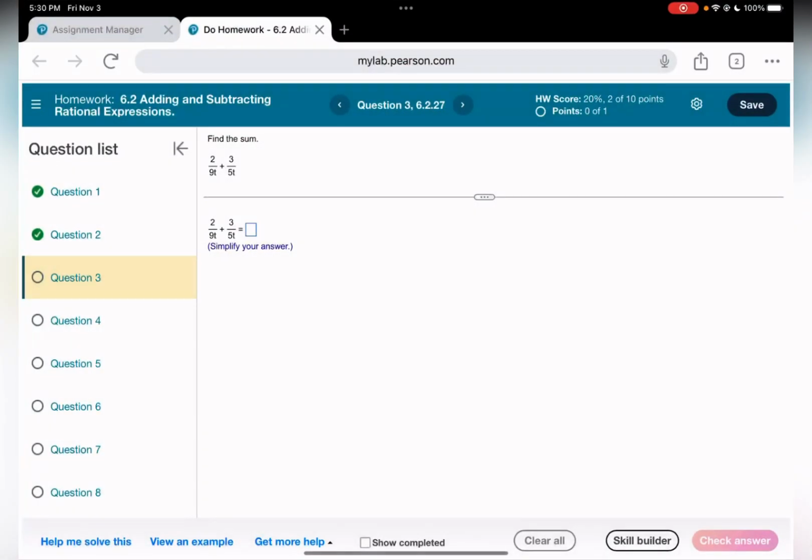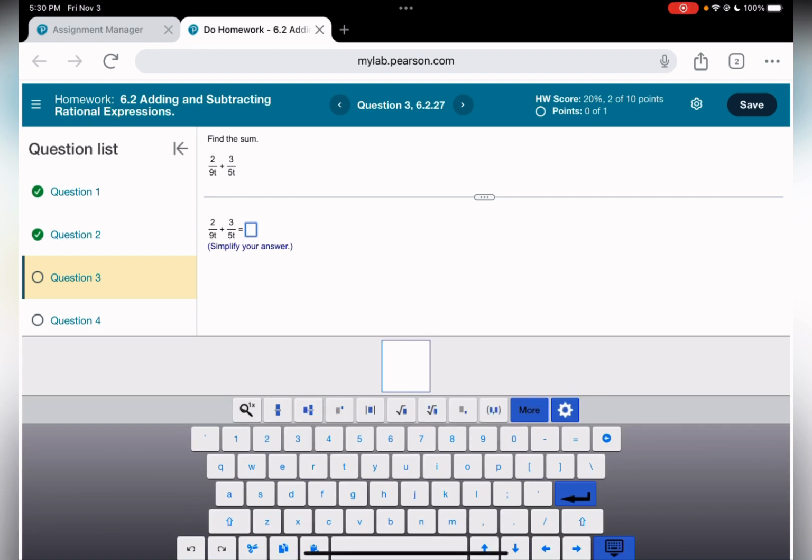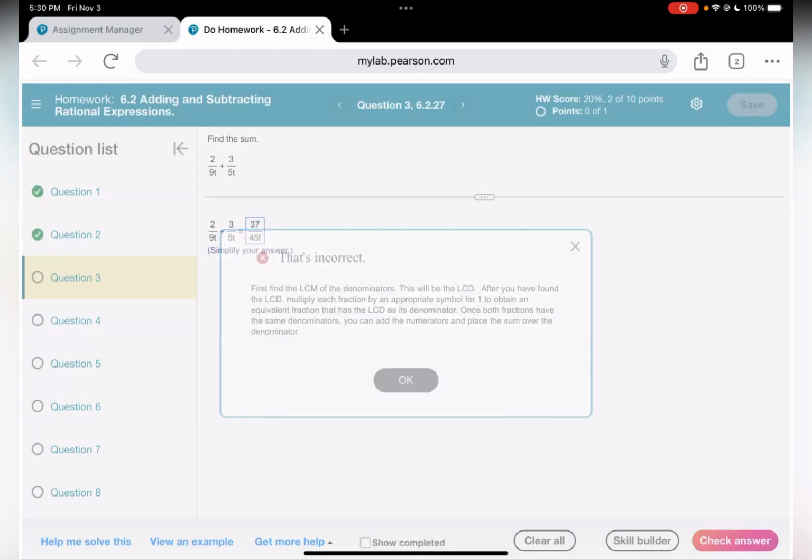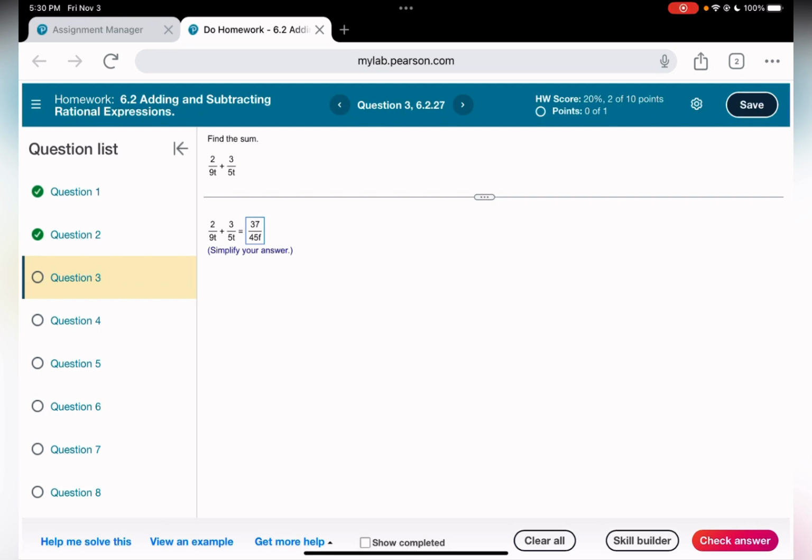Okay, let me type 37 over 45. Where is t? Looks like here. Okay. Oh, I put f.